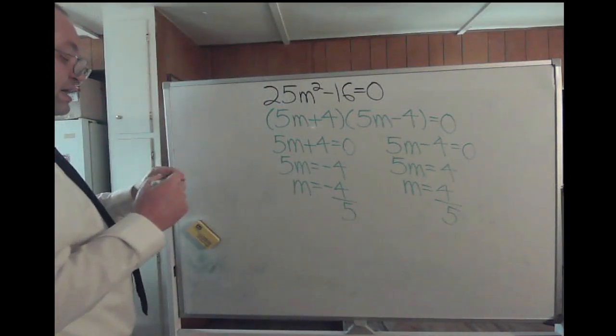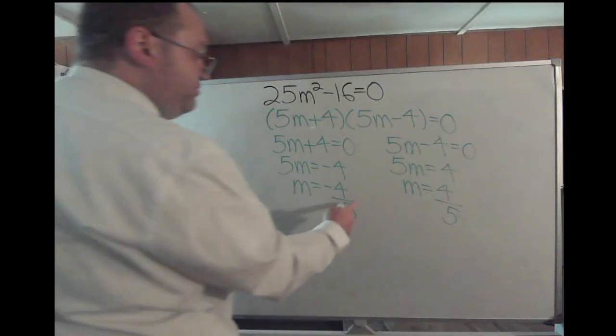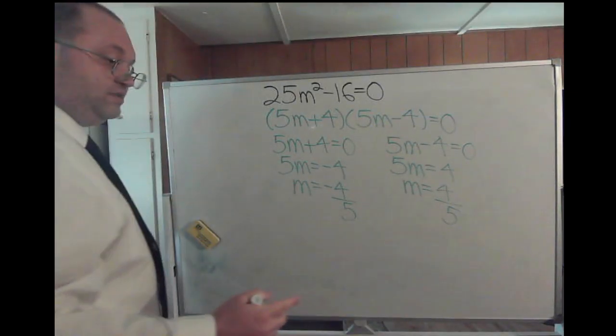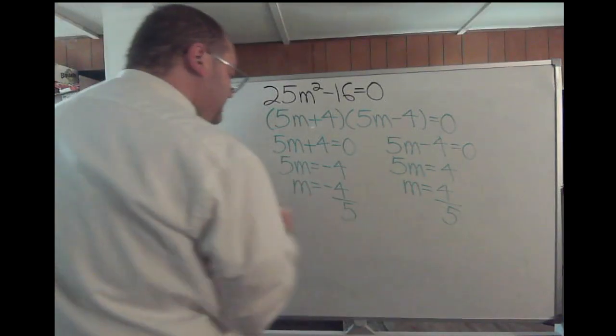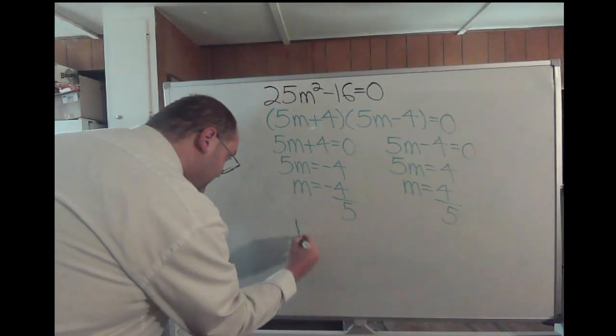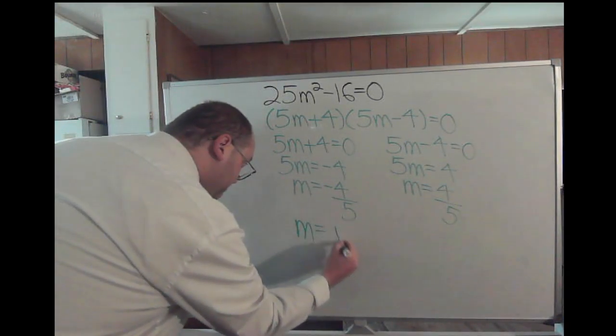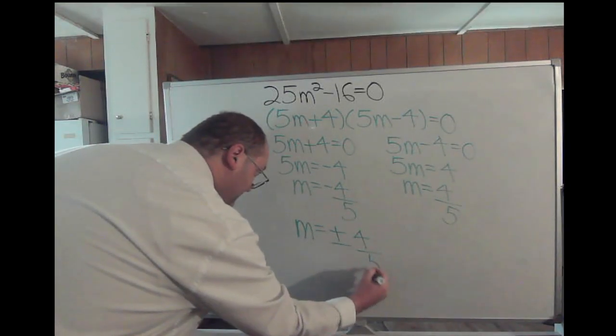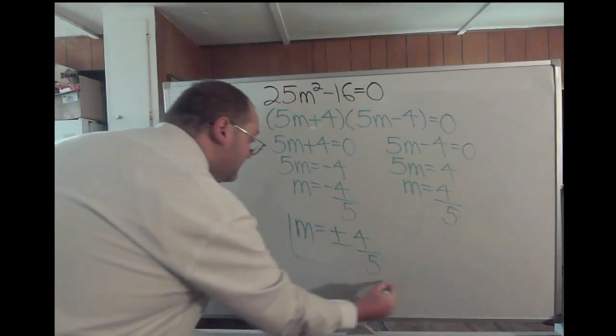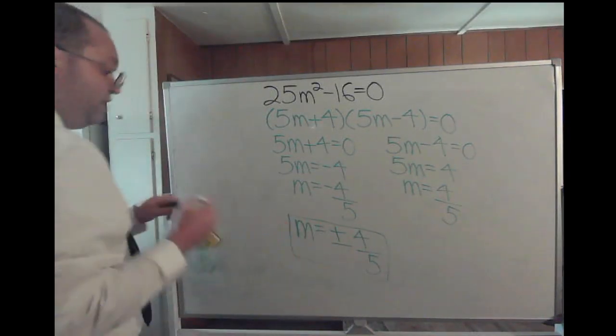Now, whenever you have what looks like the same solution, only one positive and one negative, here's how you can write it. m equals plus minus 4/5. You can write it like that to save yourself a little bit of writing.